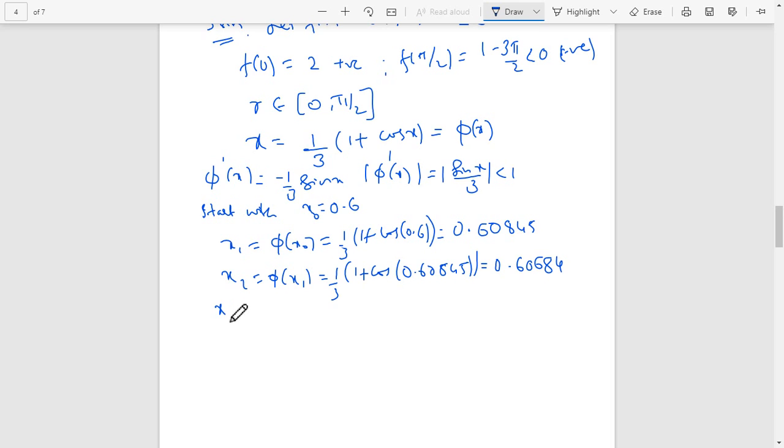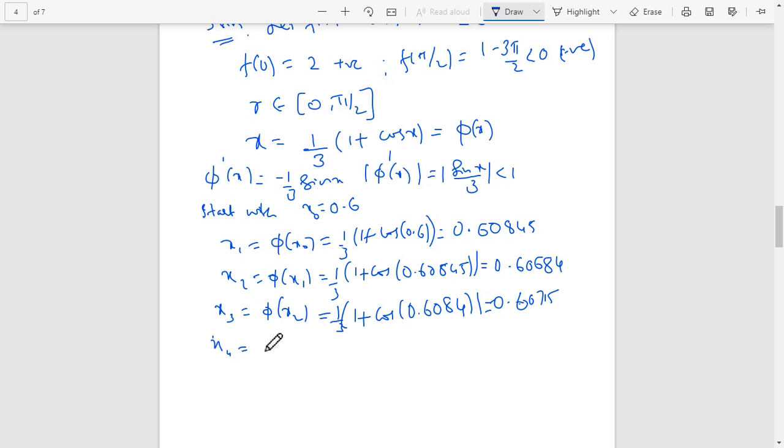Okay. Similarly x3, that is phi of x2. Replace x1 by x2 here. This gives you 0.60715.